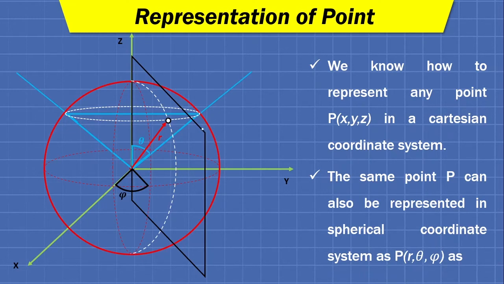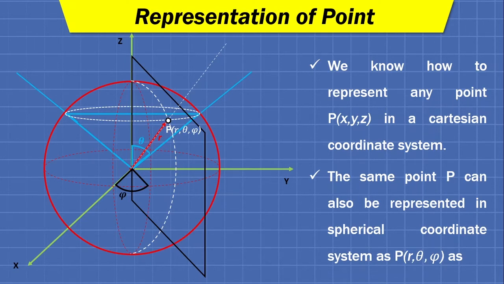Similarly, this black plane also intersects the cone, and the intersection of these two is a straight line from the origin to infinity. The intersection of all these three surfaces defines a point which can be represented by P(r, theta, phi).